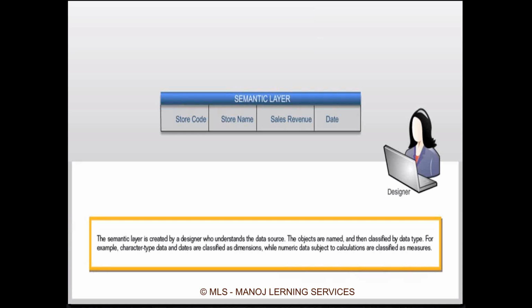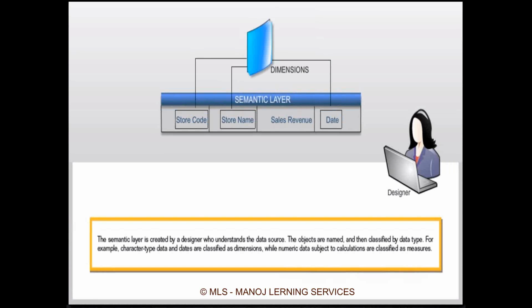The next thing she's going to do is categorize these columns as per their specification. If it is a dimension type of data, it will be defined as a dimension object. If it is a measure type of data, meaning a numerical picture, it will be defined as a measure object. Those who have worked on BI, SAP BW, might know this.